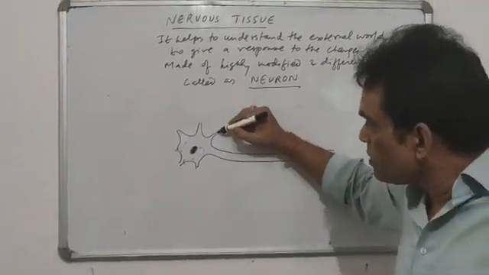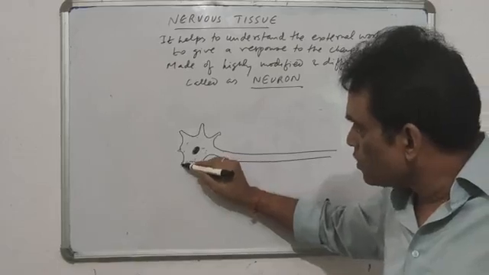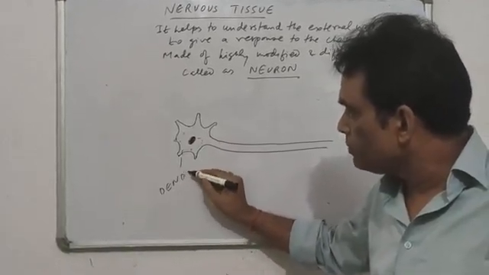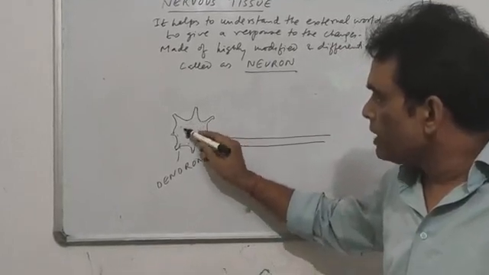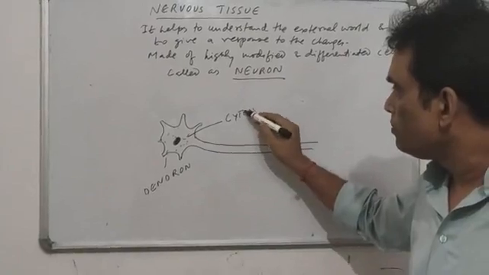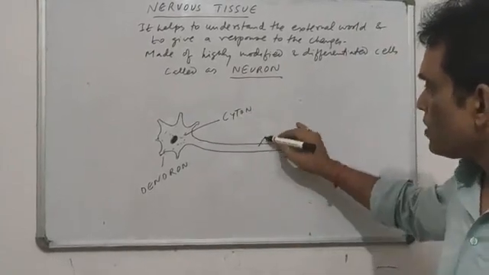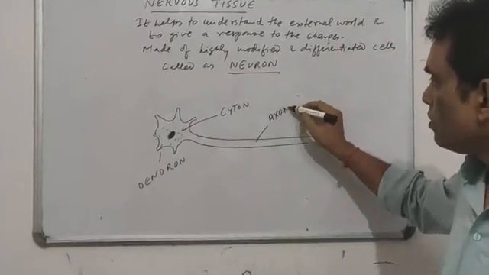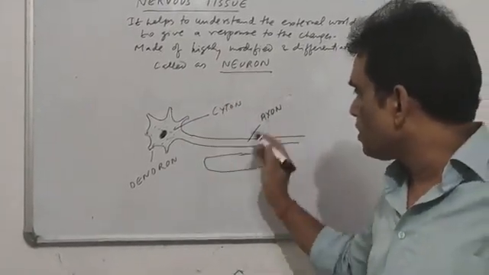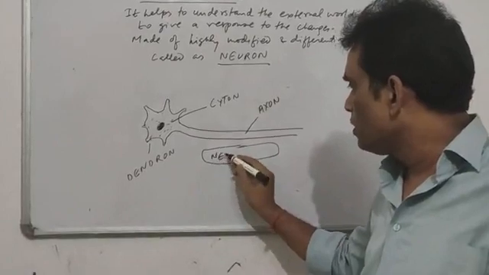Each of the short branches is called a dendron. The main cytoplasm with the nucleus is called cyton. The longest branch is called axon. And this total structure, the collection of dendron, cyton, axon, is called a neuron.